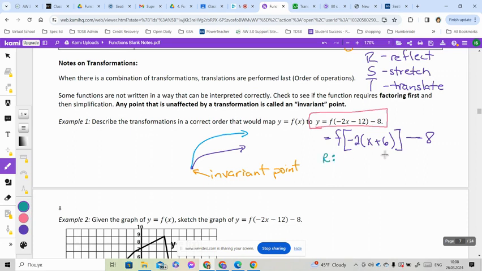So let's describe them. Are there any reflections? How would I know this?